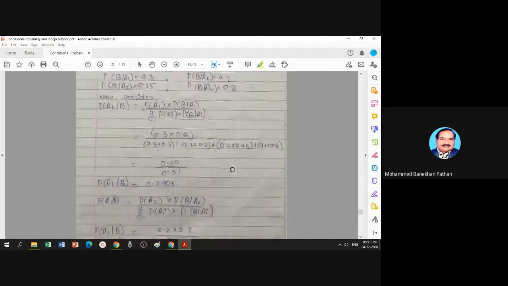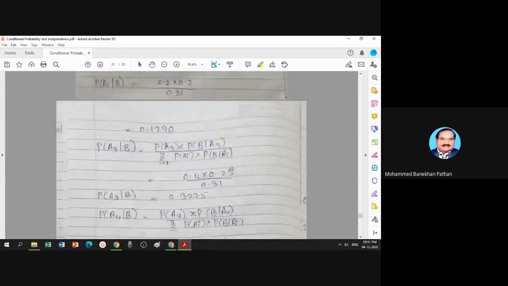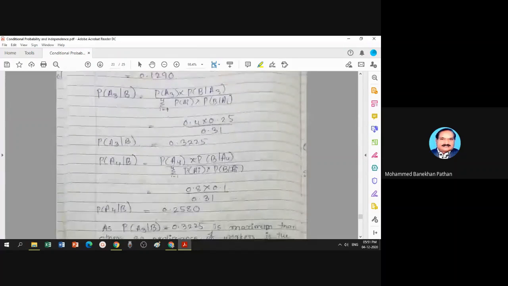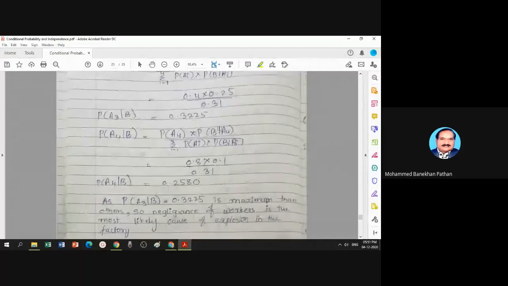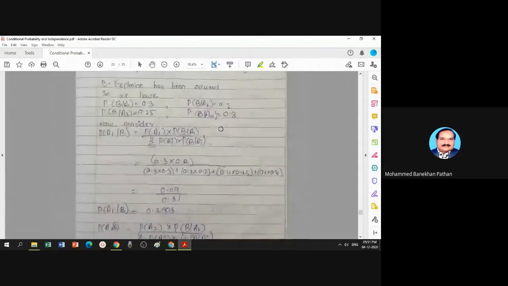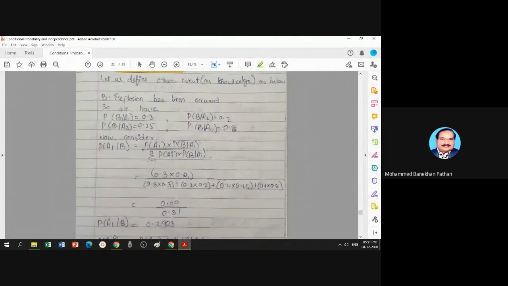But if you calculate by Bayes theorem, the probability of having explosion is not coming like 80%. It is 0.25.